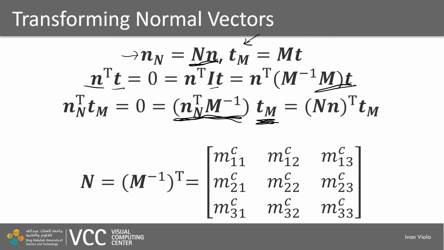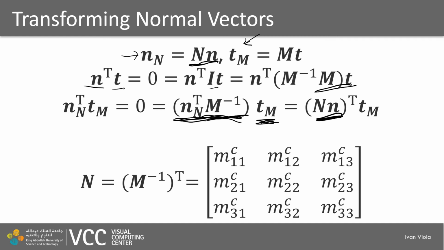The n is unknown for now. So, this means that n' transposed should be equal to, so this expression should be equal to this expression.